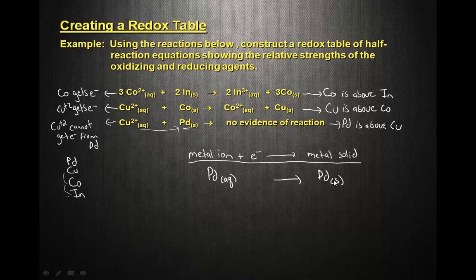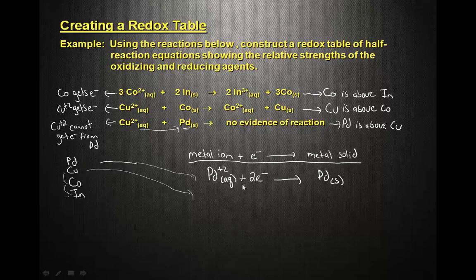That's not the point of the question. So we'll say, and I'm pretty sure it's true, but let's say Pd is plus 2. So it's going from its ion form to its solid form. How many electrons do I need so that both sides are neutral or add up to 0? I need 2 electrons in this case. And that was first on my list, so that's why Pd goes first.